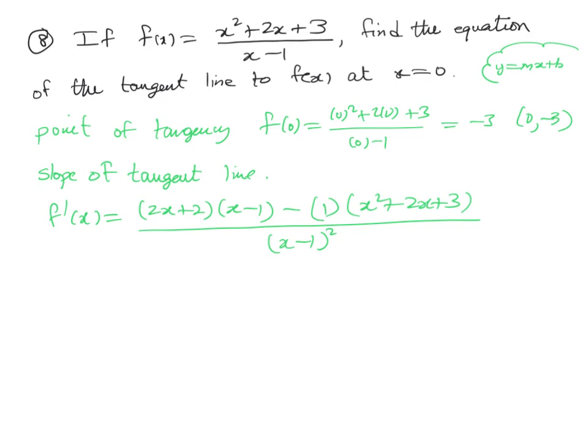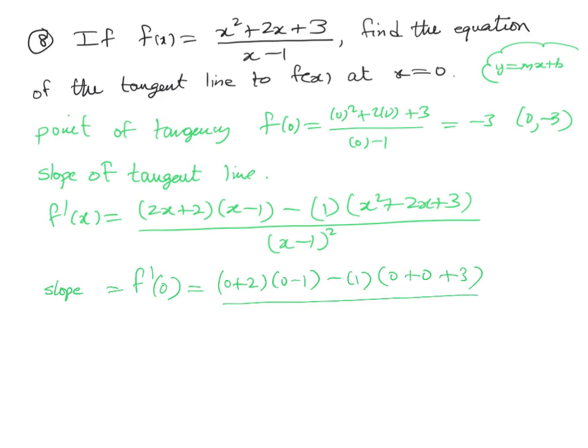So I'm going to take my x equals 0 and plug it into this. So the slope is going to equal f prime of 0, which is going to be, and I'm not going to bother simplifying, I'm just going to plug in 0 because it's going to be quite convenient. Well, that's going to be 0 plus 2, 0 minus 1, minus 1 times 0 plus 3, all over 0 minus 1 quantity squared.